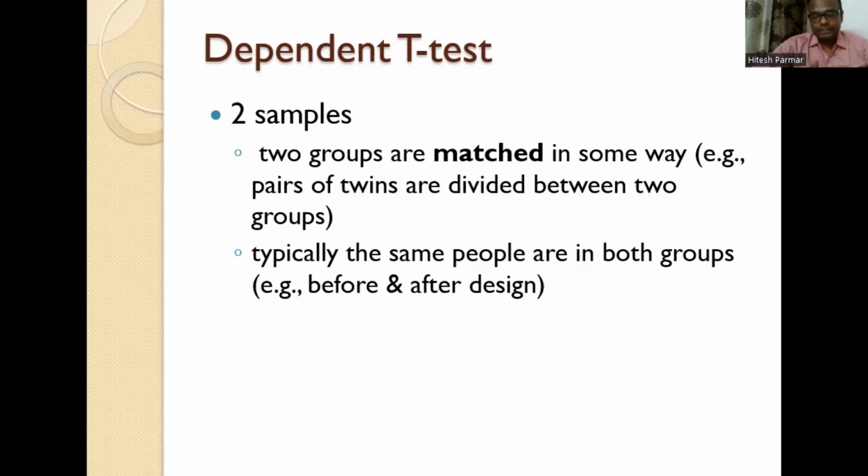So base year 2000: 2001 data will be compared with 1999, 2002 data will be compared with 1998. Like this, we prepare two columns and compare the data. This is how we go for before-after comparison in the dependent sample t-test or paired sample t-test. Both names are the same.